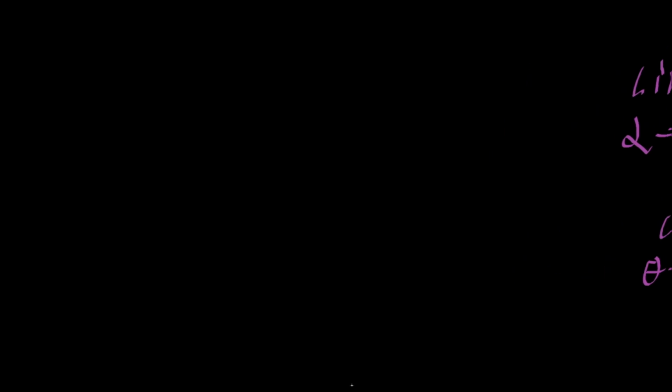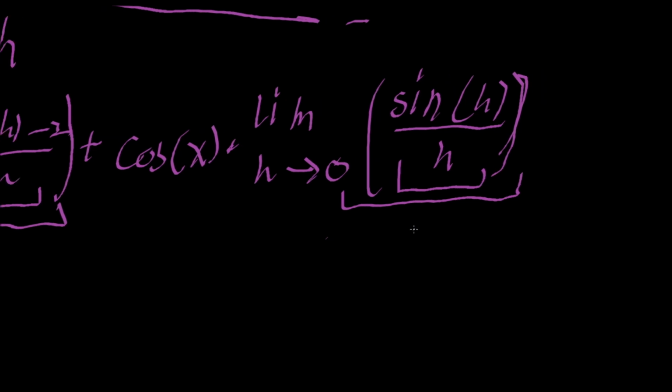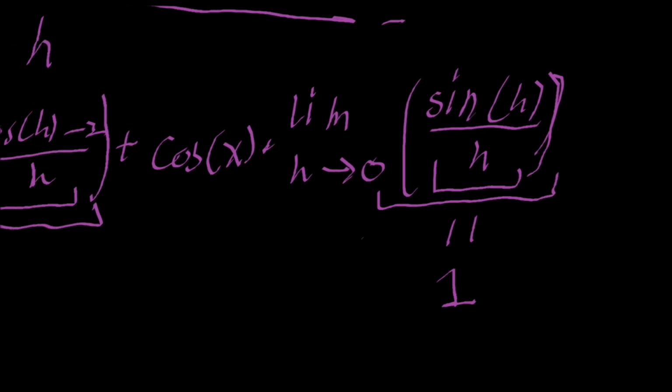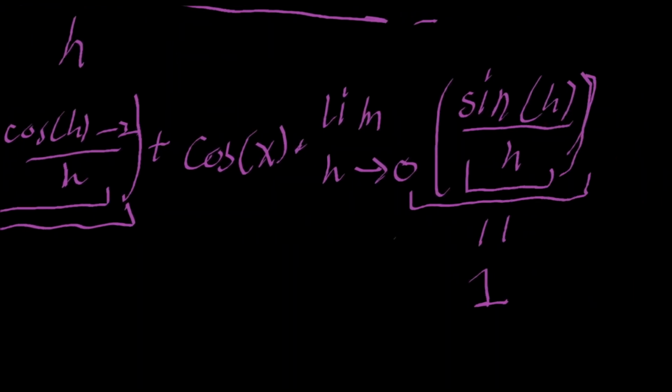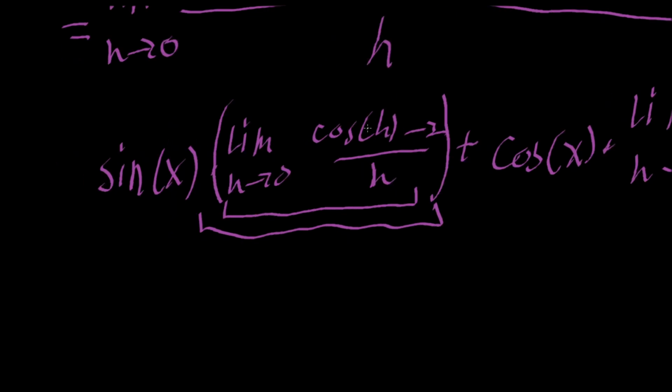So we can go back to what we had written previously and say that this is just equal to 1. And now that we know this, we can move on to proving this limit over here.